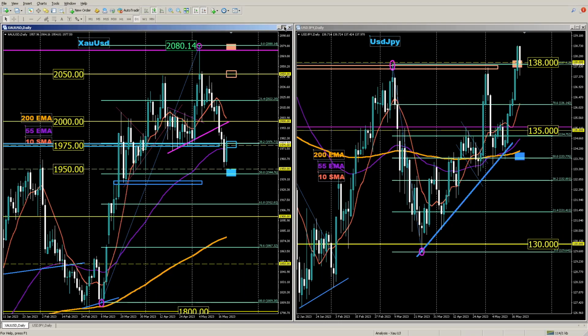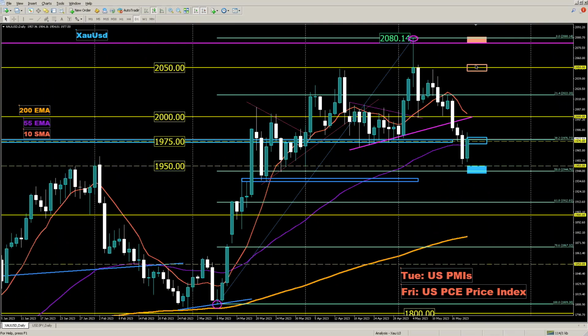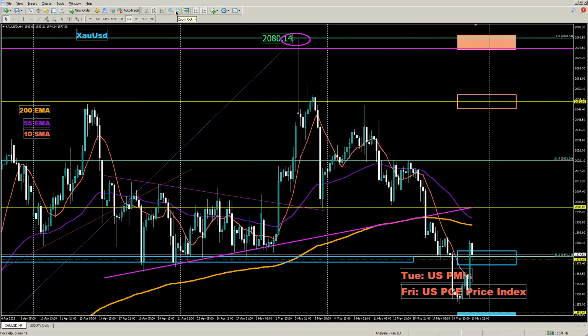Let's begin with spot gold, where after hitting the 2000 support for the two rounds prior, if we take a look at the 4-hour time frame, it's even clearer.